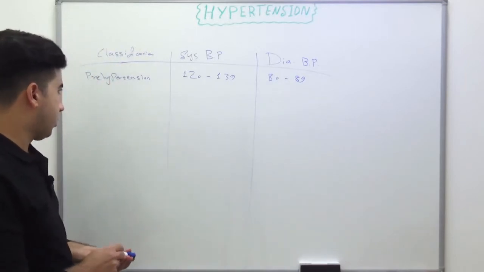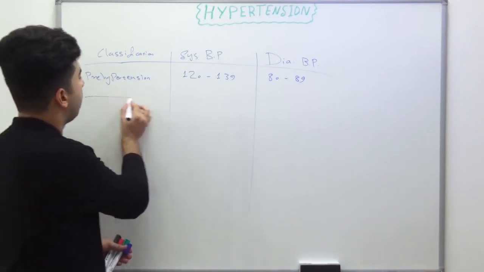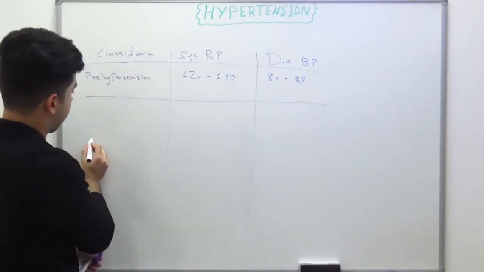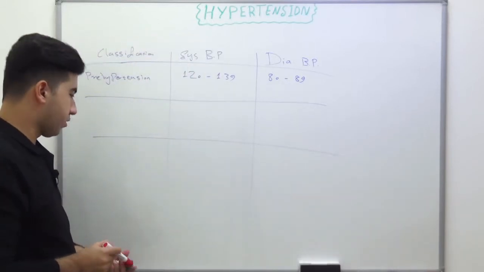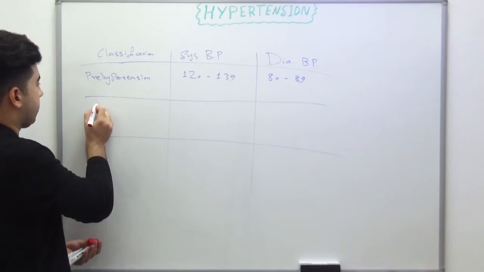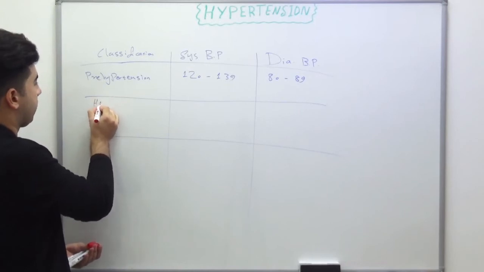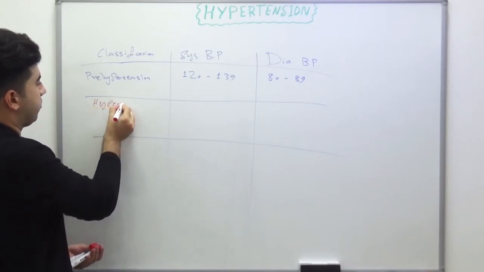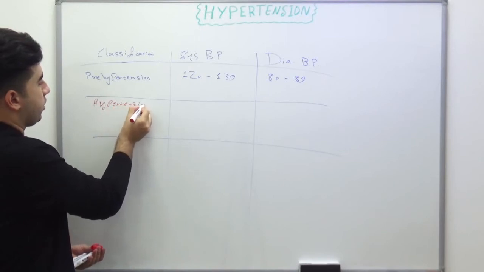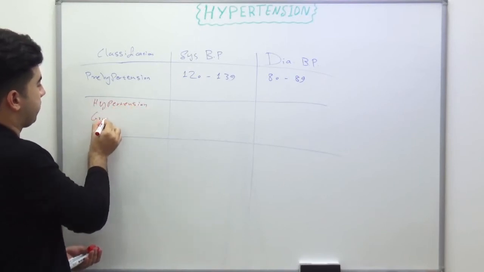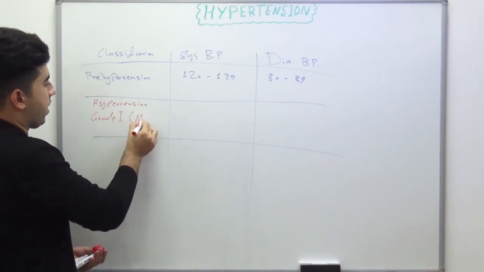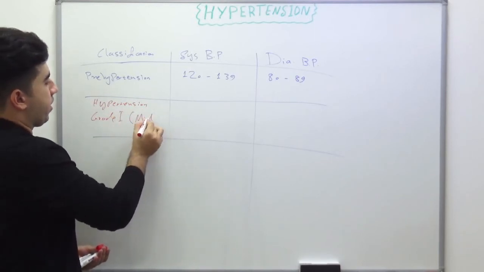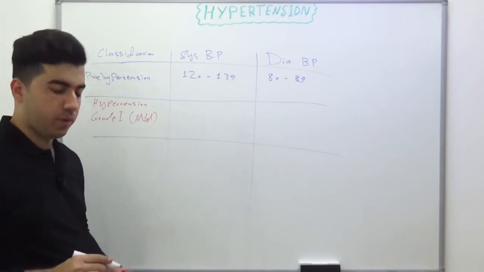Then we have some patients who are called mild hypertension, or grade 1 hypertension. These have a mild form of hypertension.